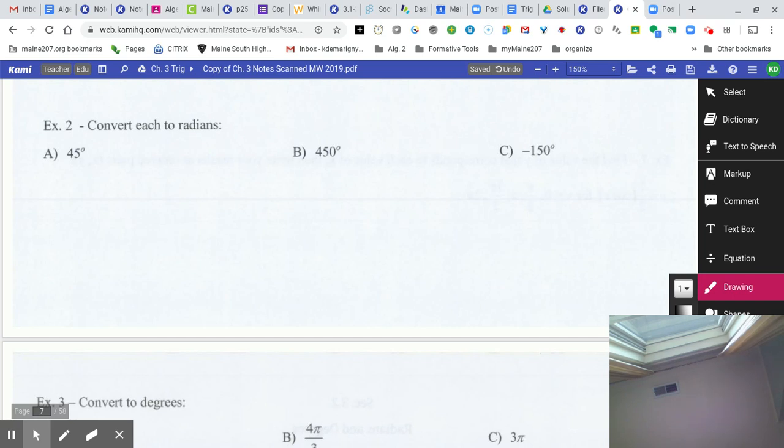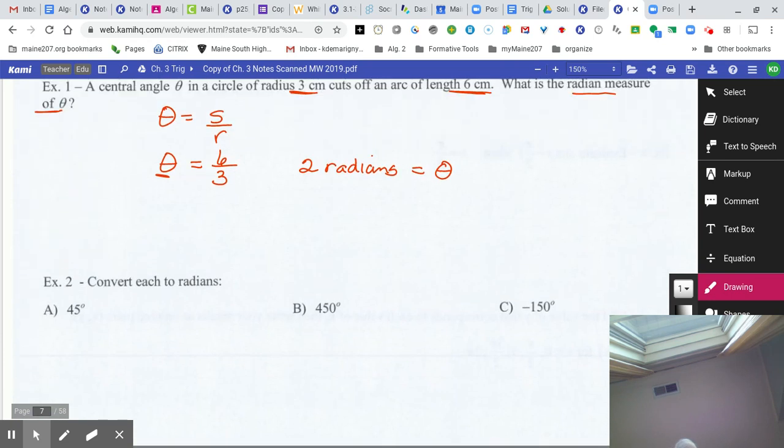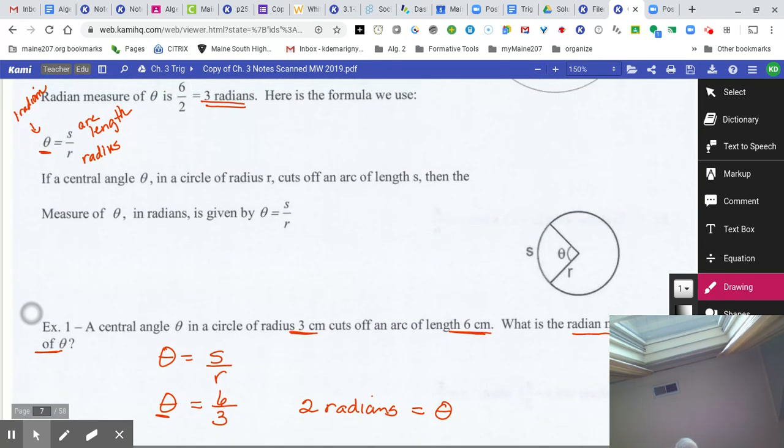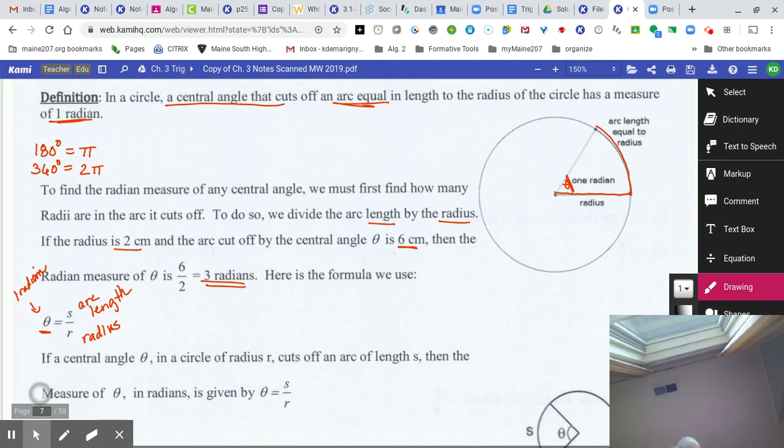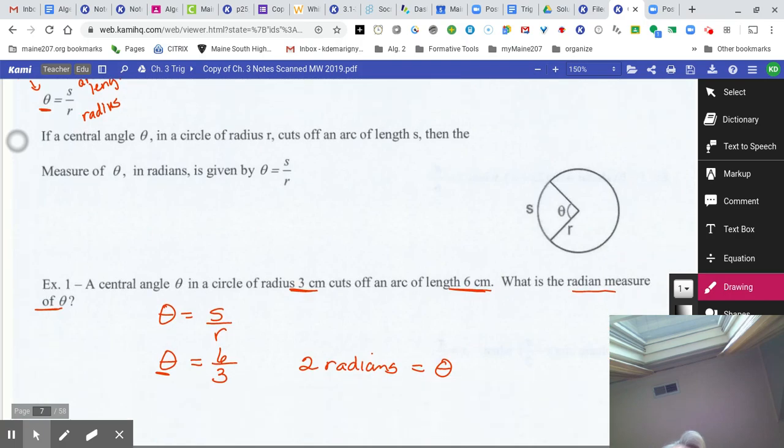So if I ask you to convert 45 degrees into radians, there are 2 different ways you can do this. We said that 180 degrees is 1 pi and 360 degrees is 2 pi.